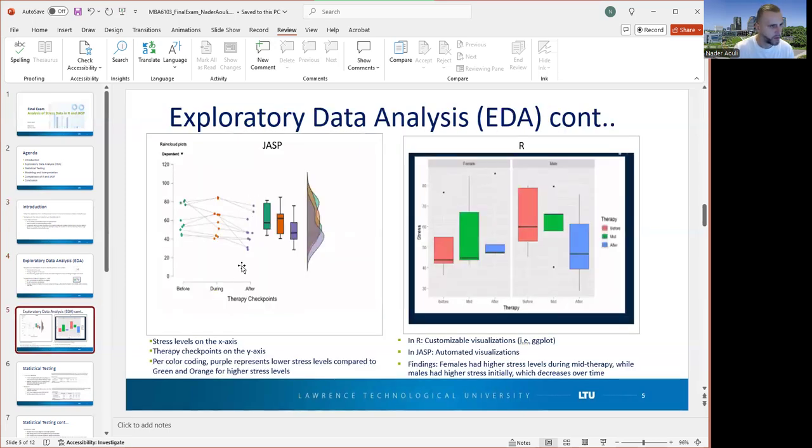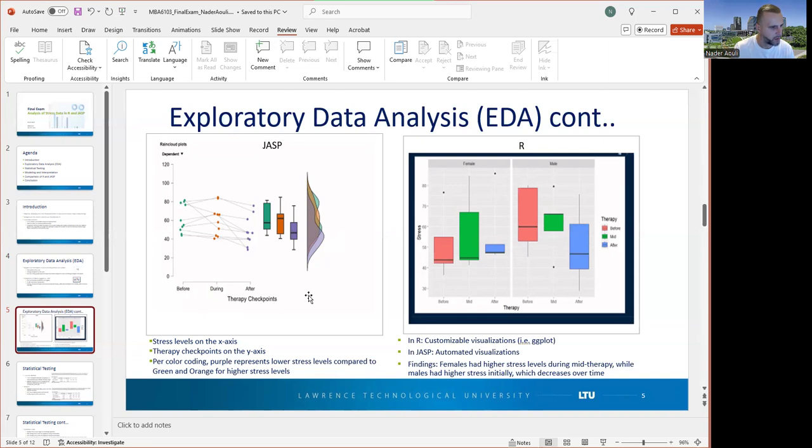So starting with JASP, as you can see here, they call these raincloud plots. The stress level, as you can see, is on the x-axis. This shows us the different points before, during, and after the therapy checkpoints. And on the y-axis, you could see the checkpoints there.